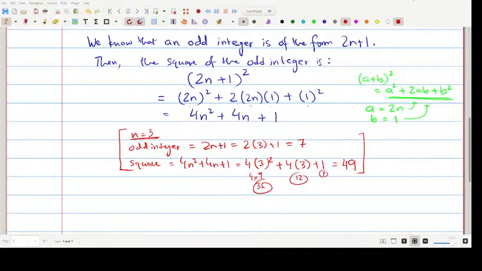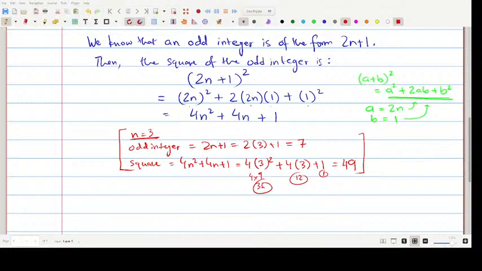So you see, you can verify that this expression that you have obtained, 4n squared plus 4n plus 1, is the square of an odd integer of the form 2n plus 1 for all values of n. And maybe it is better that we restrict ourselves to positive integers, because the definition of a negative odd or a negative even is a little sketchy.